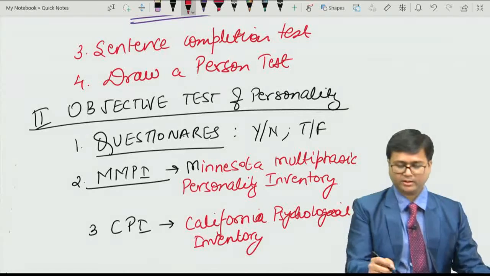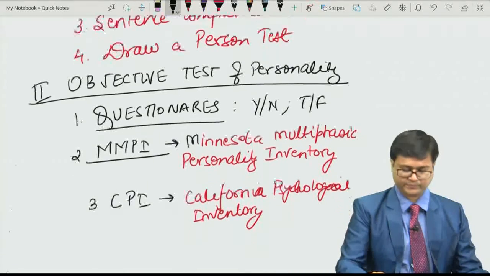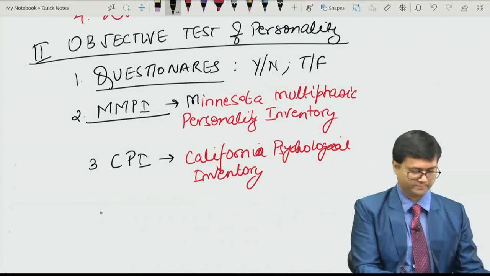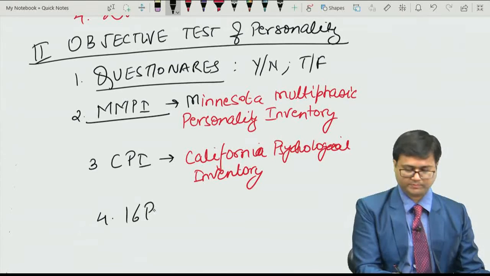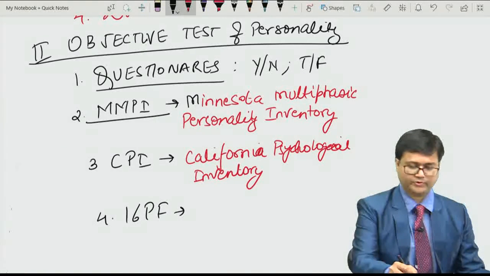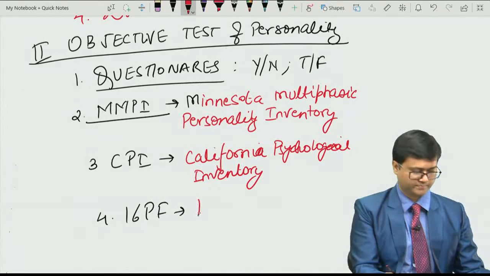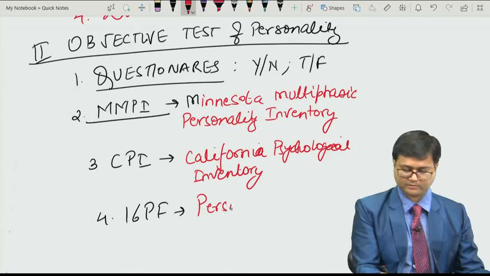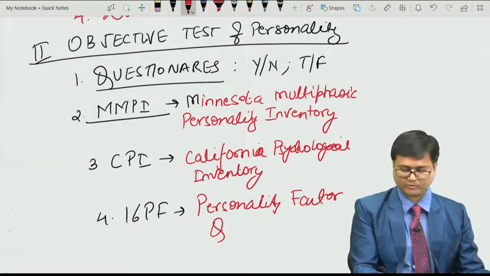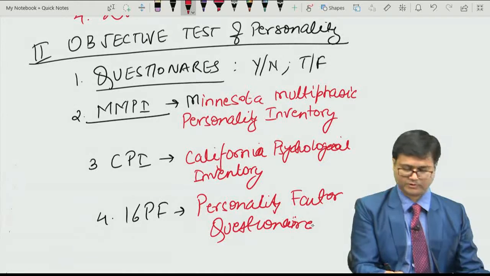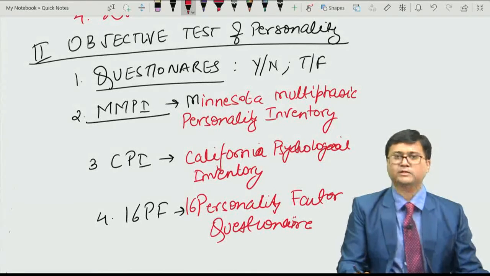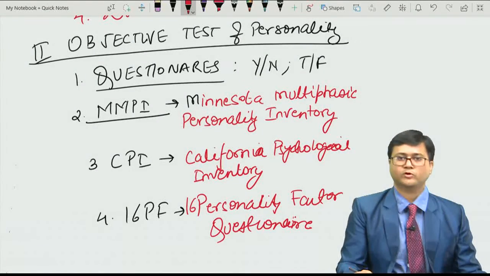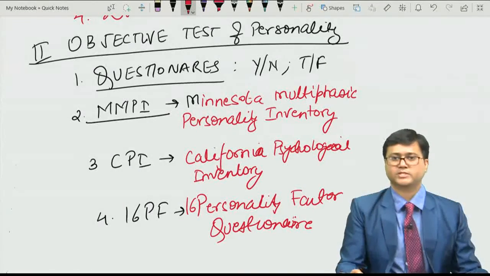Then another one may be the 16PF, which is the Personality Factor Questionnaire, or the 16 Personality Factor Questionnaire. So these are some of the important objective tests of personality.